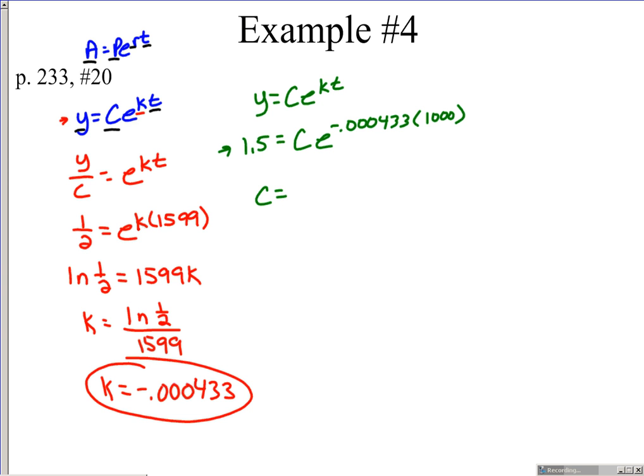C is going to equal, if I divide off the rest of what's over with C, we get 1.5 divided by e to the negative 0.000433 times 1,000 power.